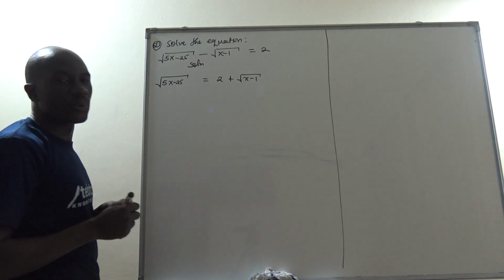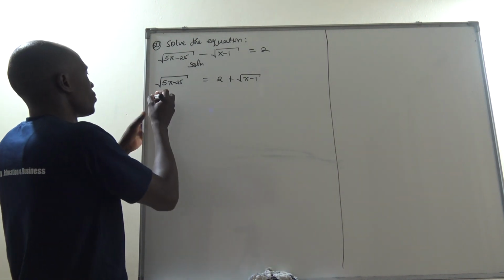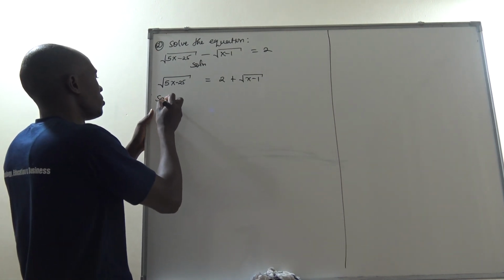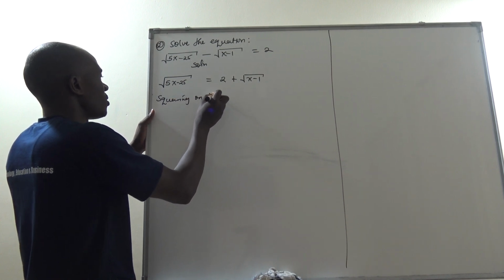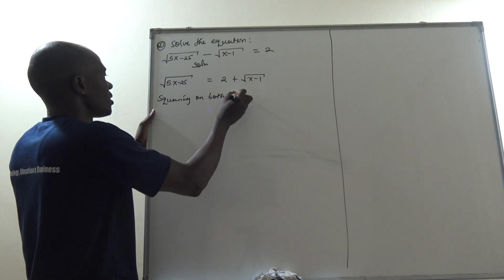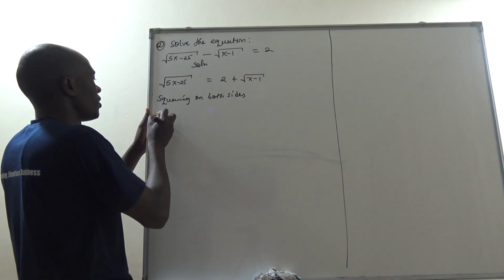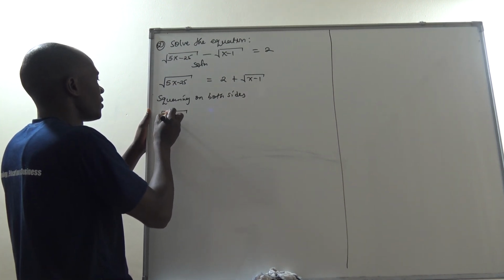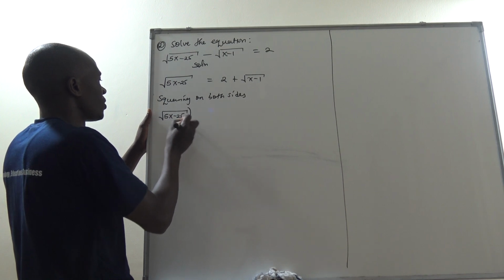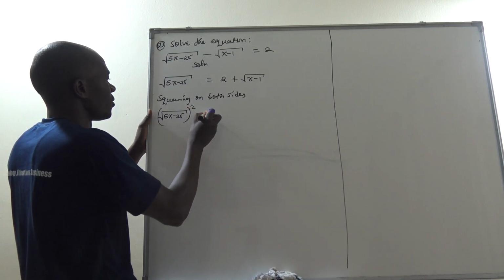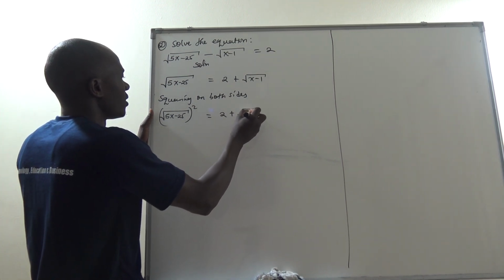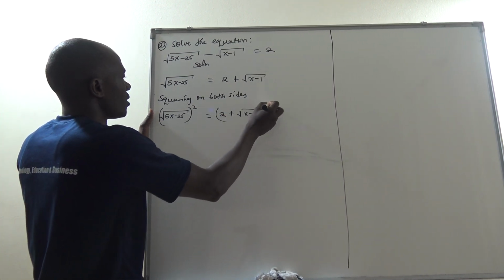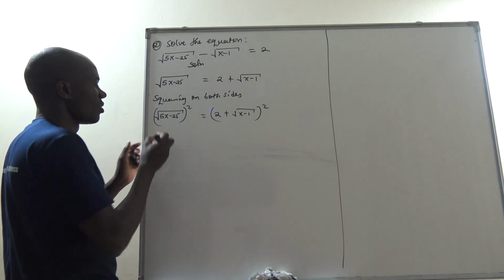So what we are going to do is square on both sides. Squaring on both sides, we have the square root of 5x minus 25, the whole of it squared, equals 2 plus the square root of x minus 1, the whole of it squared.